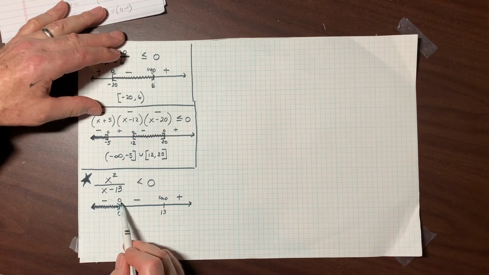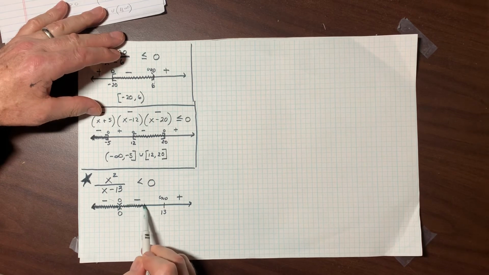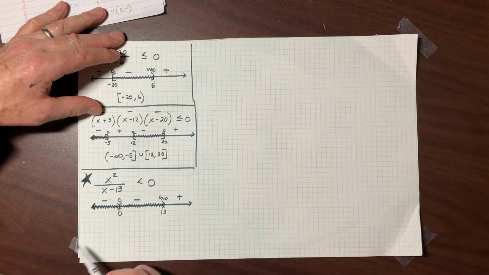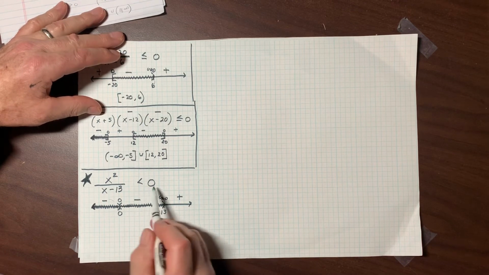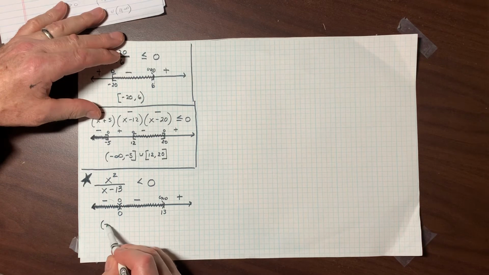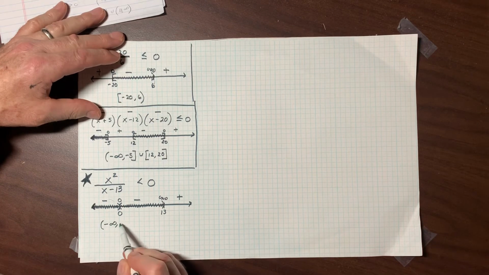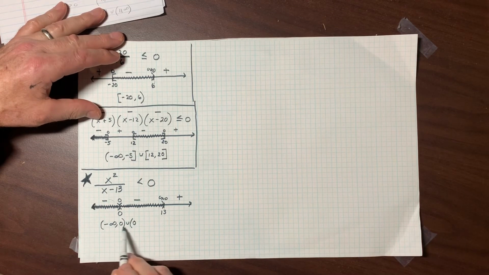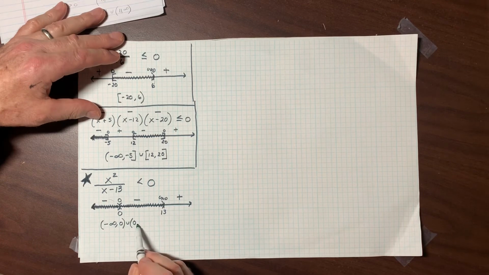So you have to exclude 0 from your answer. You also have to exclude the number 13 because that causes the expression to be undefined. So the answer to this would be negative infinity to 0, parenthesis, union, parenthesis, 0. Doing that right there excludes the 0, and I'm going to go to 13 and put another parenthesis.